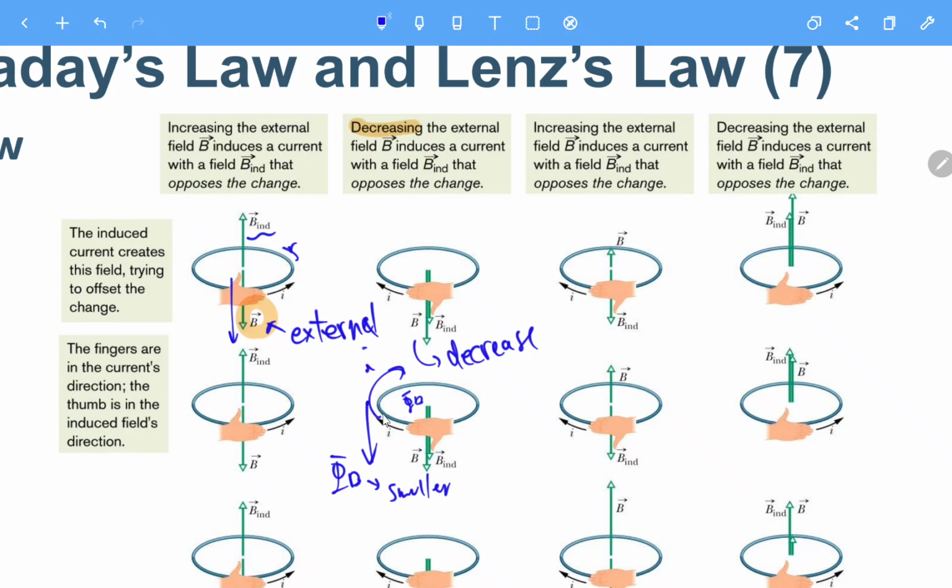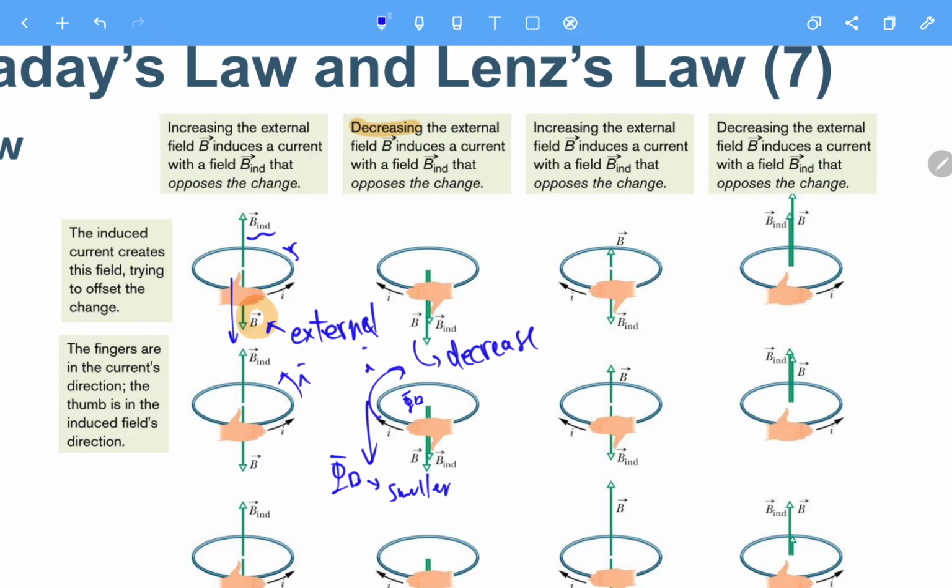So this is the induced current. For this one, the B field pointing downward is increasing, and the current will be counterclockwise. But for this one, the B field is also pointing downward but decreasing, so the current is clockwise.